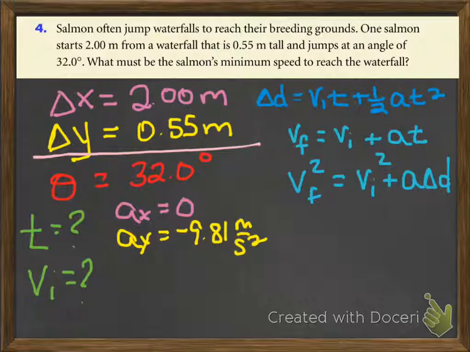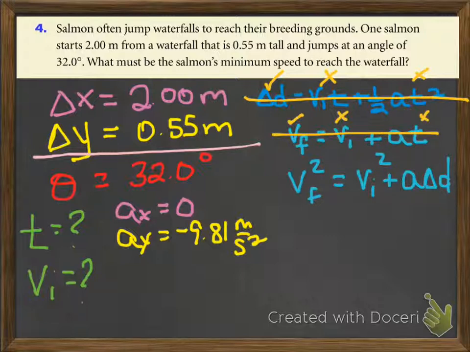So analyzing which equation to use, let me walk you through this. If we were to use the first equation, we have the distance, we don't have the velocity or the time, so there are just way too many unknowns for that one. In this one here, we have the final velocity would be 0, the initial velocity we don't have, and we don't have time. Again, too many unknowns, which means this one's probably going to work out.